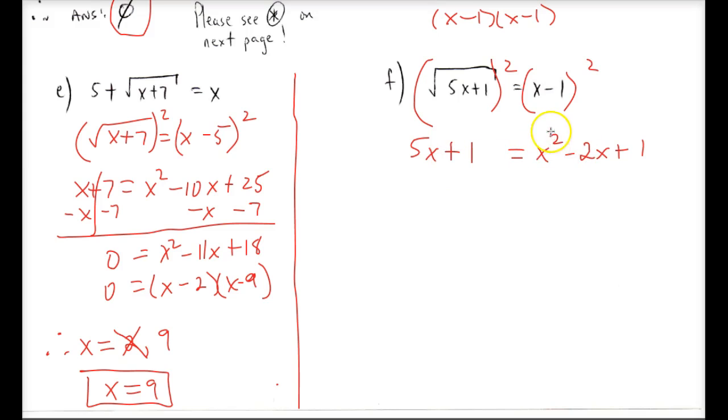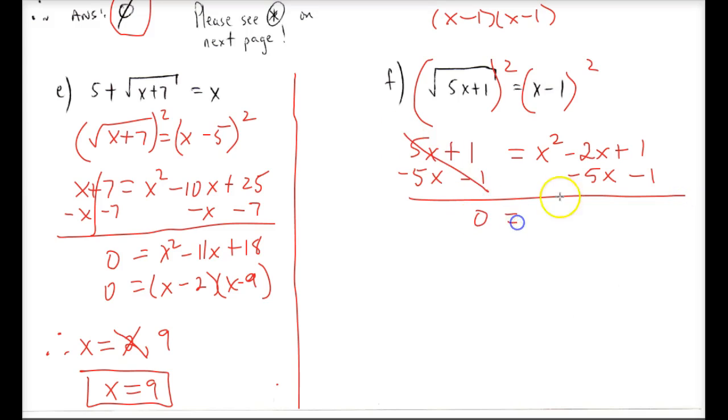All right, so at this point, we realize we have a quadratic equation because our highest exponent is a 2 on any variable. So we need to get everything to one side. So we subtract 5x and subtract 1 from both sides. Our left side comes out to be 0, and our right side will just be x squared minus 7x, where this 1 minus 1 is 0.